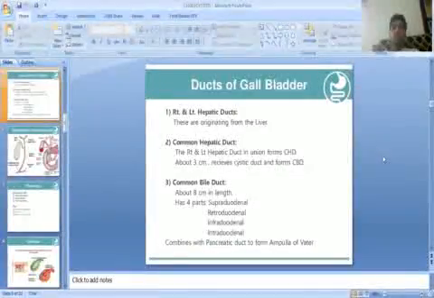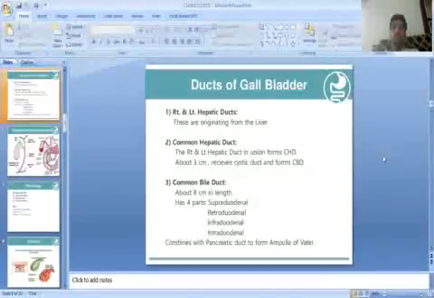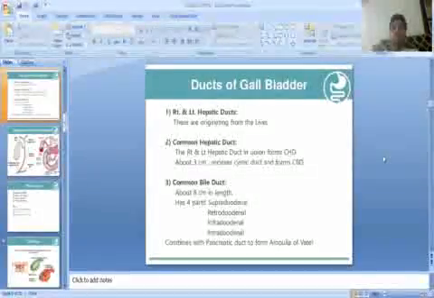Ducts of the gallbladder: right and left hepatic ducts, common hepatic duct, common bile duct.